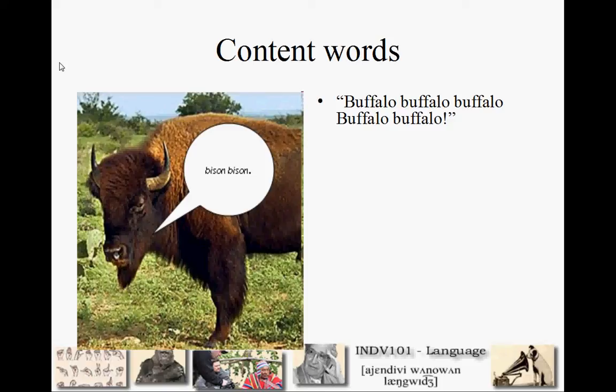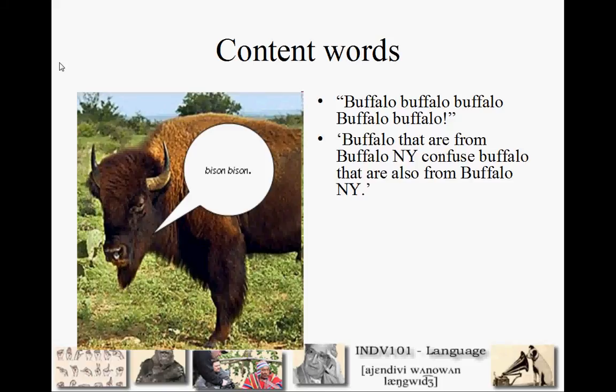Well, it turns out this sentence means buffalo that are from Buffalo, New York, confuse buffalo that are also from Buffalo, New York. Buffalo can be used as a verb to mean confuse. So buffalo from New York, buffalo, buffalo from New York. I hope you get that.